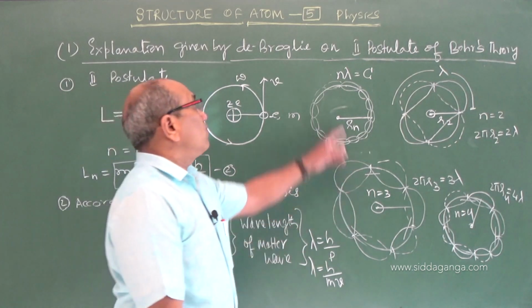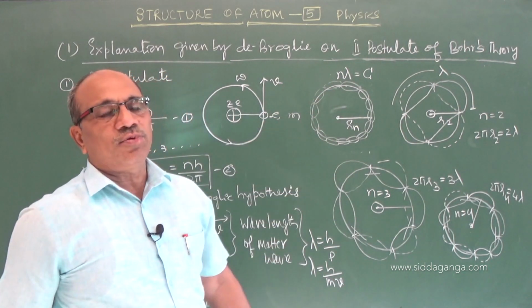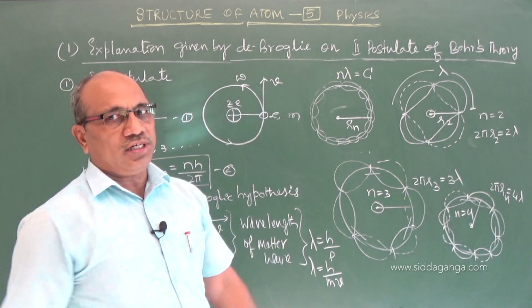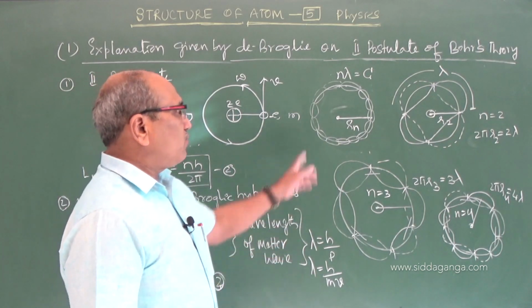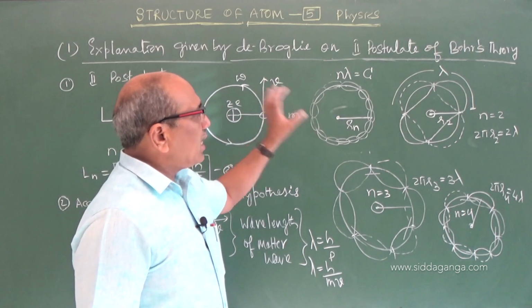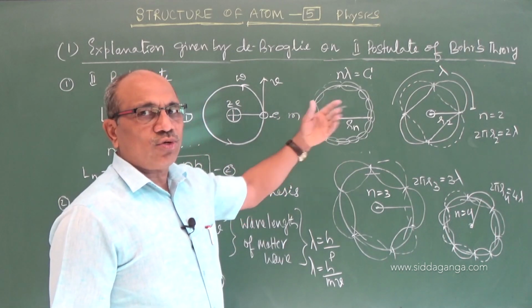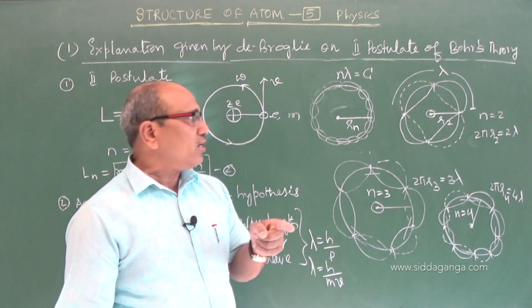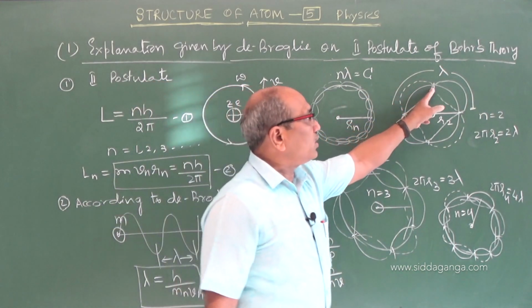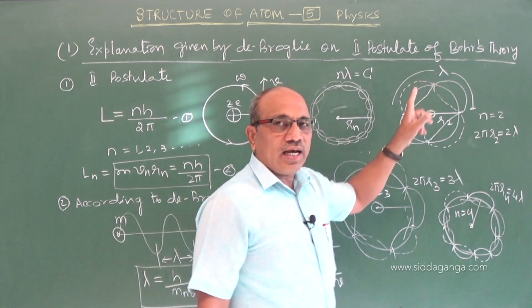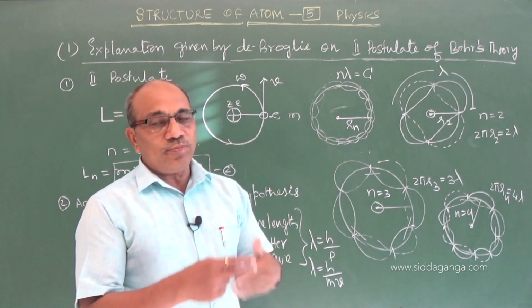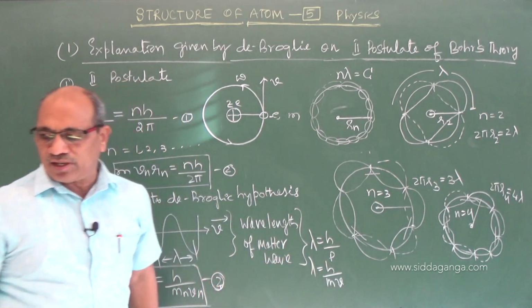That is the statement of de Broglie. The electron cannot take all possible orbits around the nucleus. The first orbit will be lambda, the second orbit is 2 lambda, the third orbit is 3 lambda. In between lambda and 2 lambda, incomplete waves cannot allow the electron to be in that orbit. To be in the orbit, it should be an integer multiple of lambda.